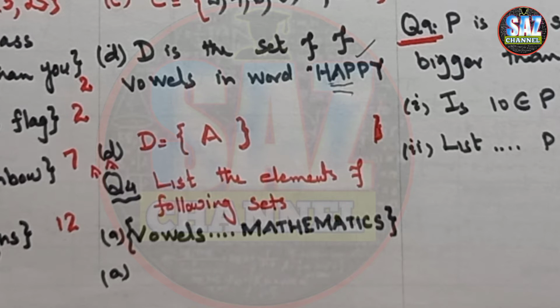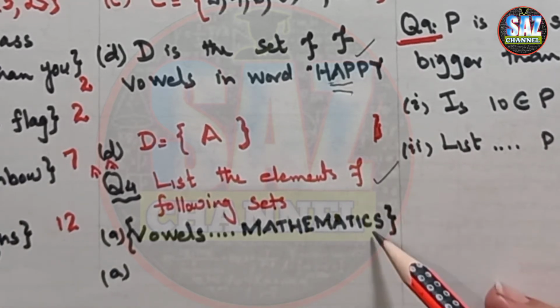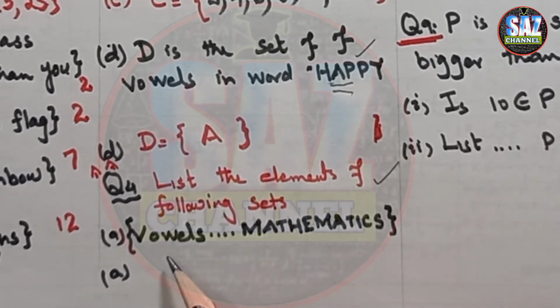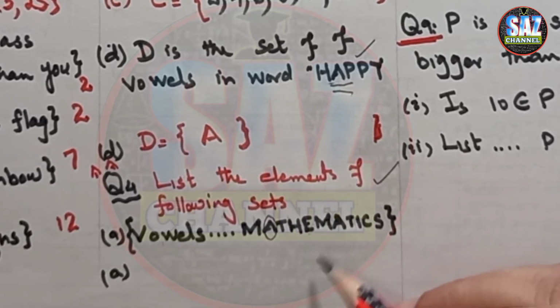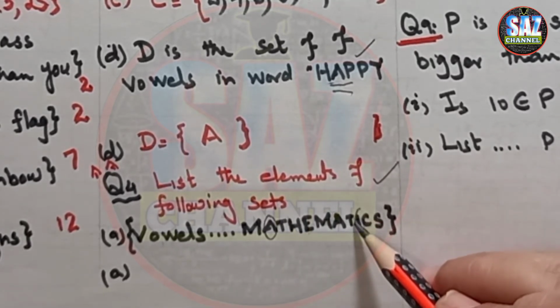And let's move to the next question, and let me read the question from the book. Question 4 says, list the elements of the following sets. So we have to list the elements of the sets which are given in the question. And the first set is the vowels in the word mathematics. So as we know from the junior classes that vowels are A, E, I, O, and U. A is the vowel here, and then I is the vowel here.